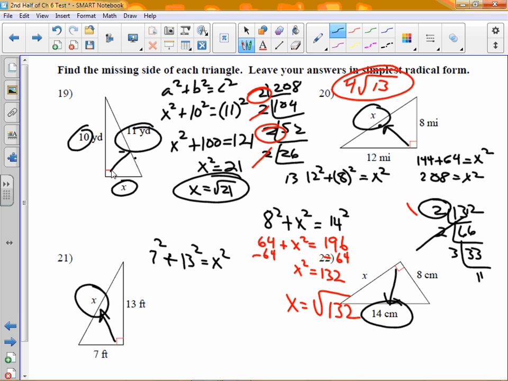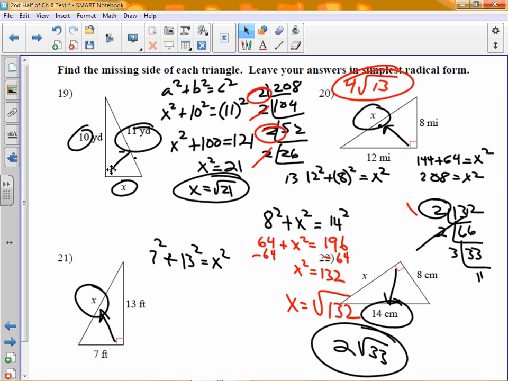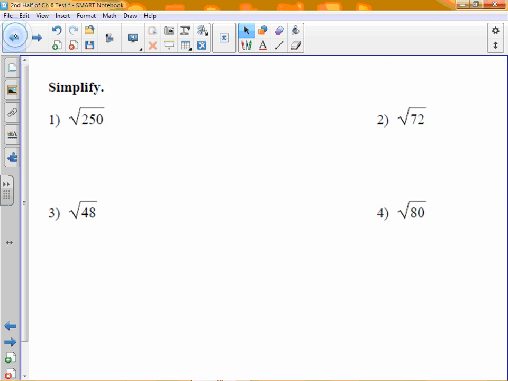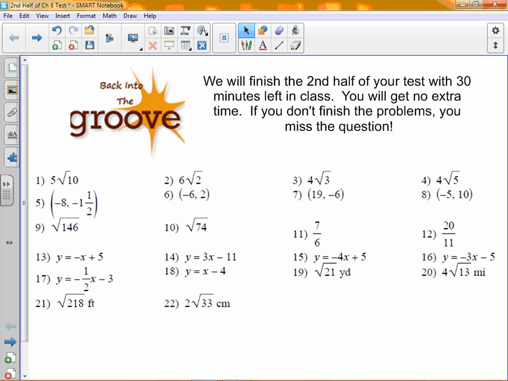There's nothing to cross out. Can I circle the 11? There's nothing to cross out. If you can't circle 1, you can't cross 1 out. So everything that ends up being circled goes out front, everything not circled stays under. 2 on the square root of 33, which is what it said right here. 2 on the square root of 33.